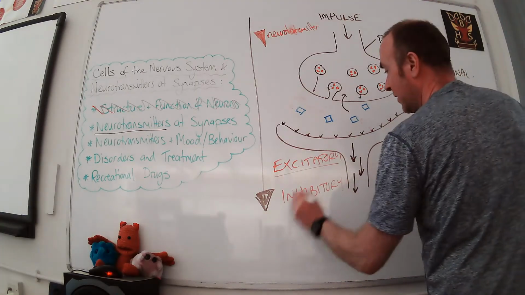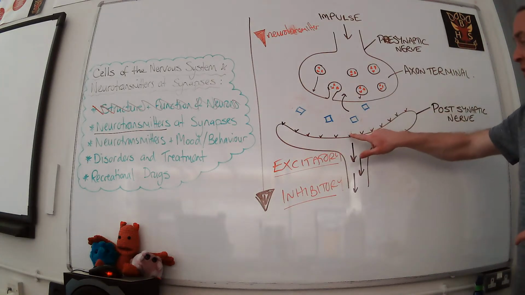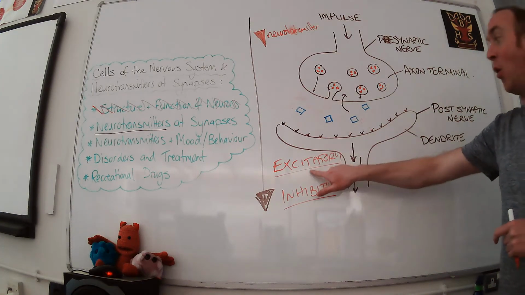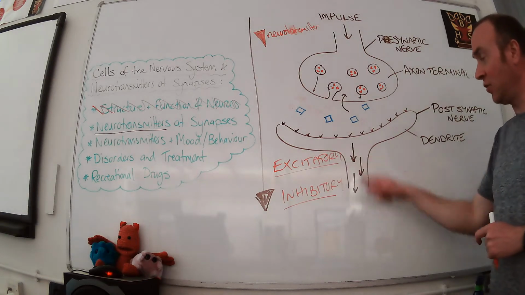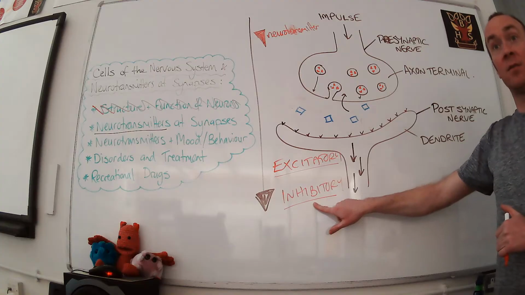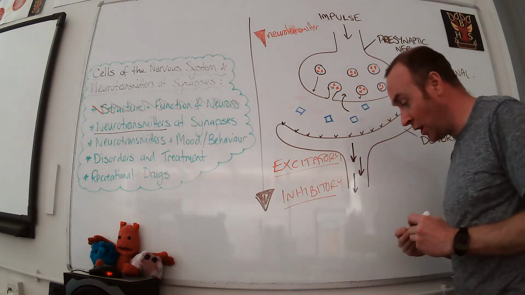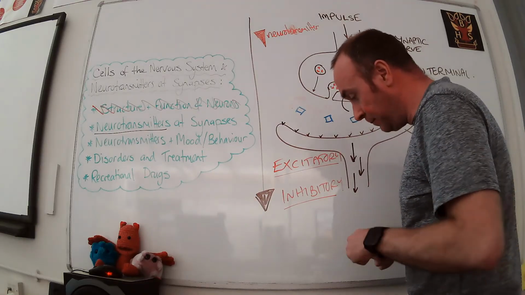It's important to understand that the process of a neurotransmitter binding to a receptor can either have a positive effect on this impulse being sent, or a negative effect. Very important to understand that there are those two different effects.